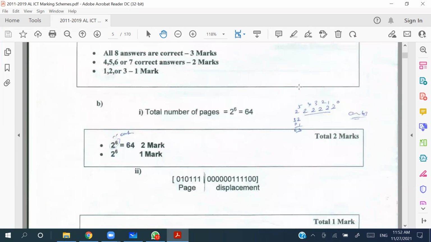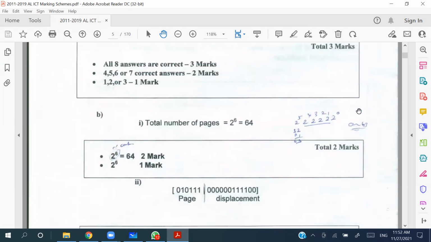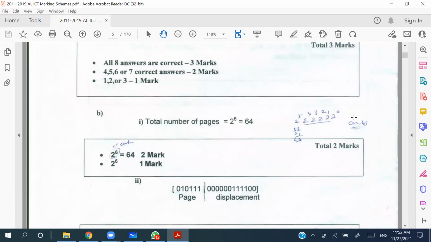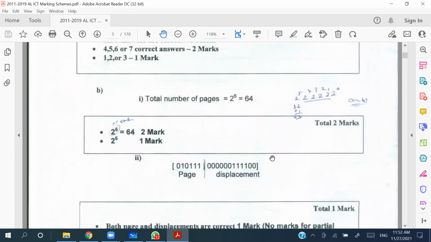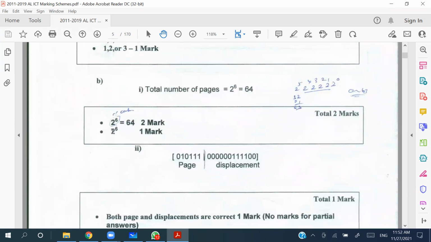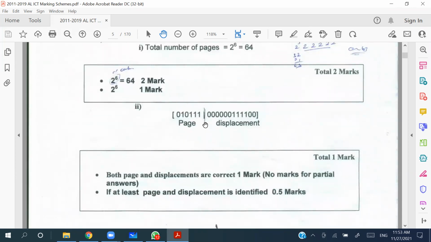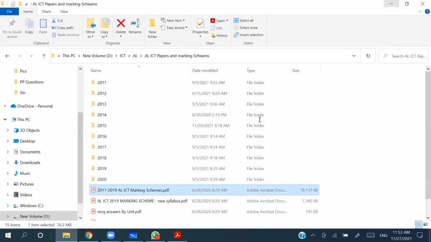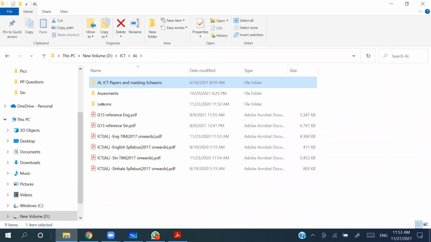Yes, here it is. So it's 2 marks for taking 64, right? And you can see for only 2 to the power 6, they have given only 1 mark. Having it as 64 will gain you the 2 marks, right? And 1 mark for showing what is the page and what is the displacement. So you got 3 marks out of 10 in this question. Okay, now the next one.